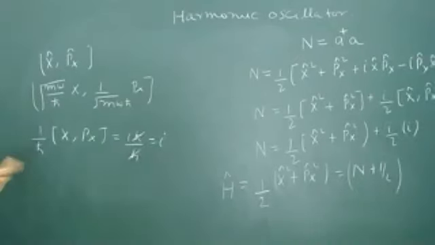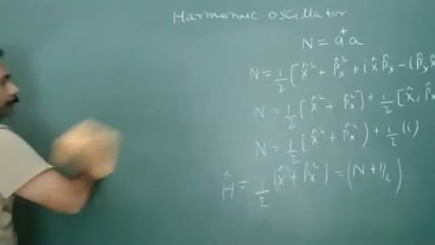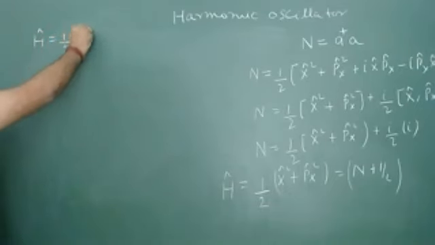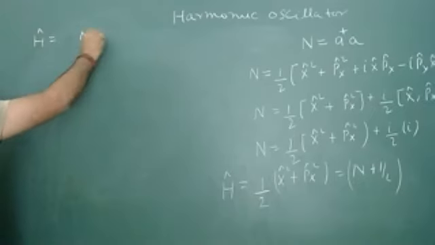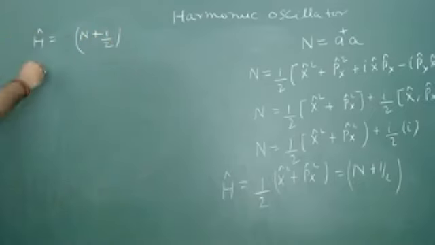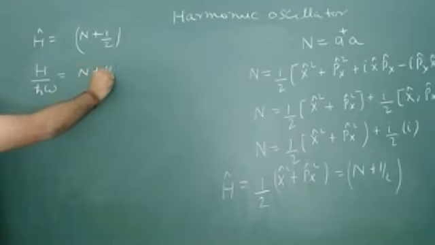Okay, so let's try to. I have the H cap operator as ħω(n + 1/2), and I can write this H cap operator as H upon ħω equal to n + 1/2.